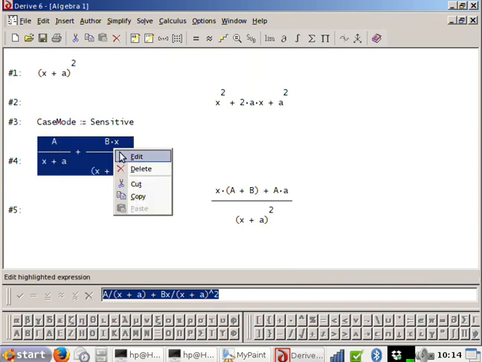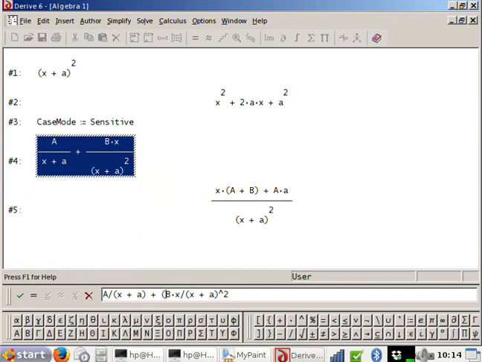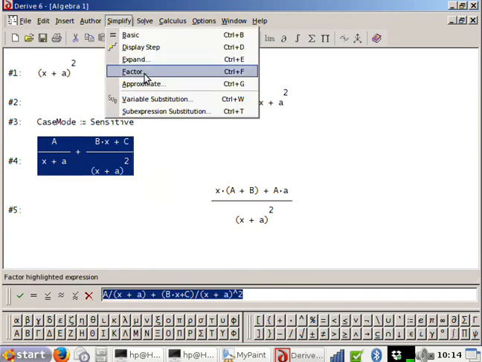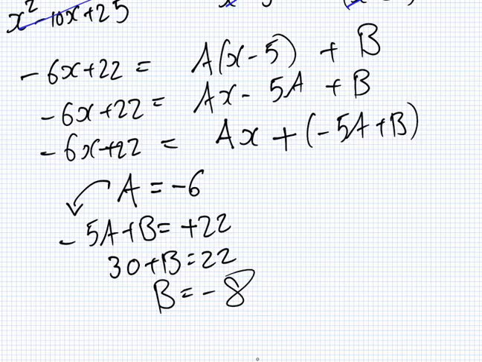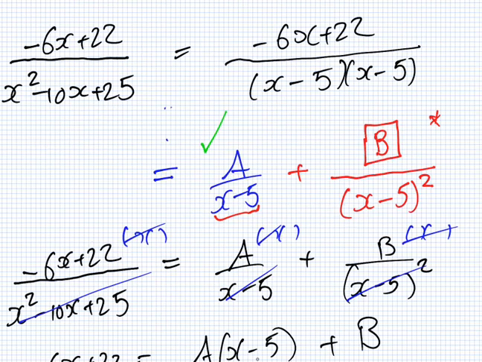And in fact, if I replace this with bx plus c, and simplify, I still get a linear over quadratic. So it looks like I have three possibilities here. In my example, I just chose b, but I could have had bx, or even bx plus c. So then the question is, how do we choose the top?